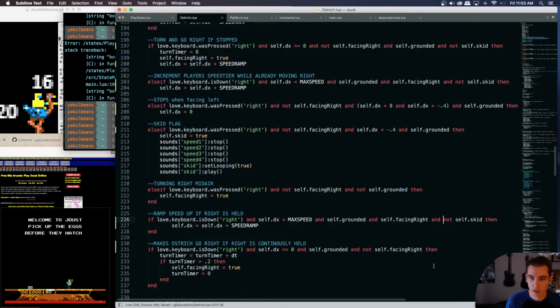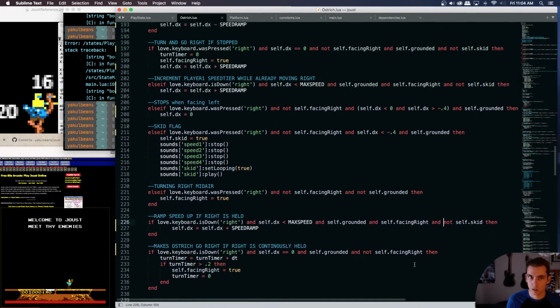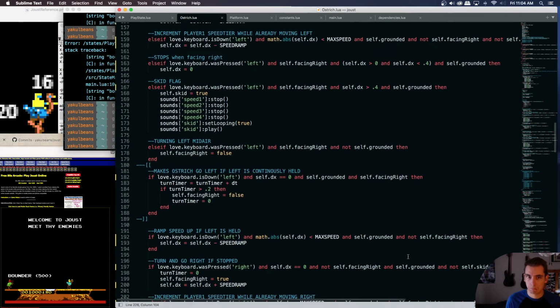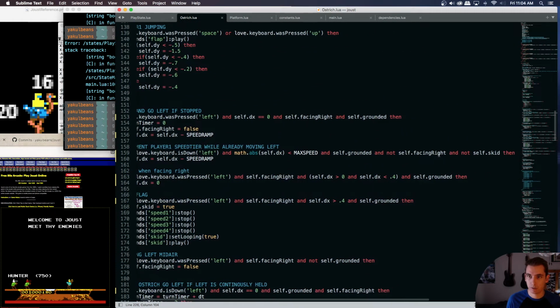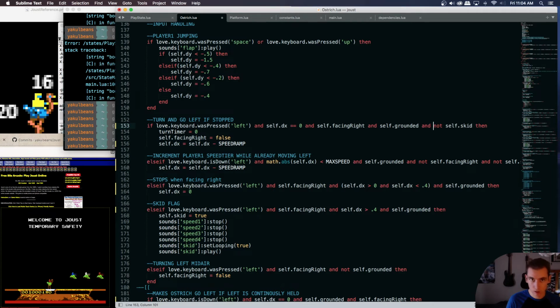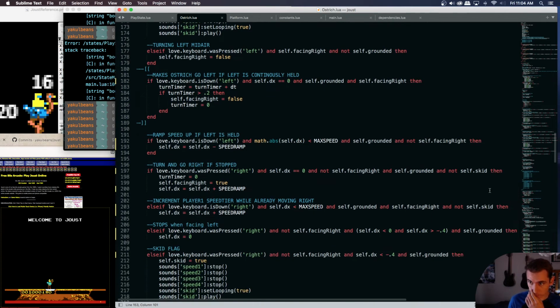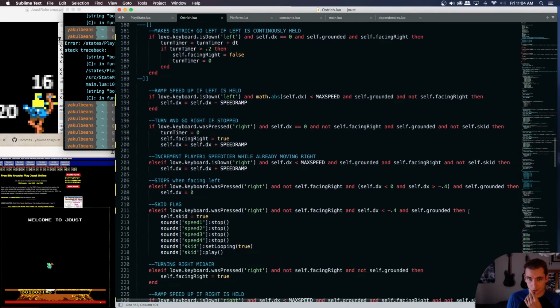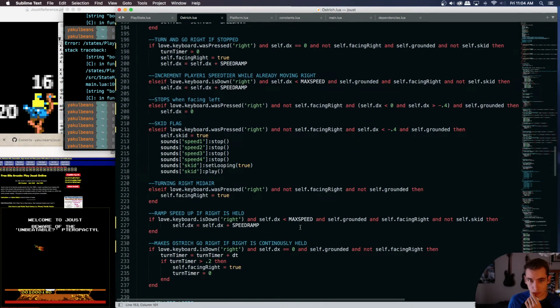Then and not self skid, got that one. And we need this one. And then where was that third one I added for the right? Ramp speed up if right is held.